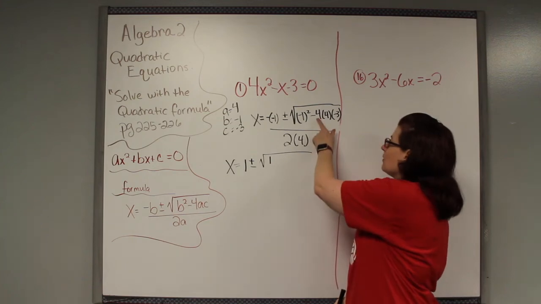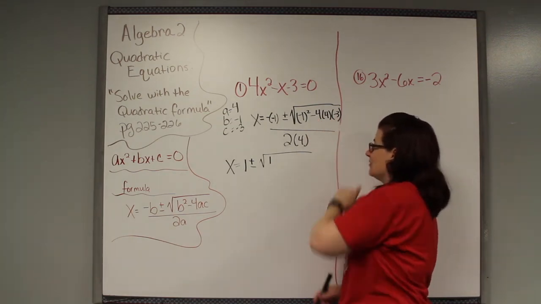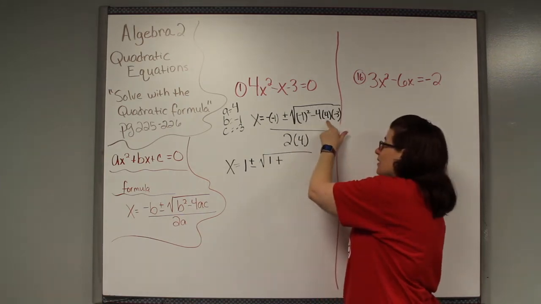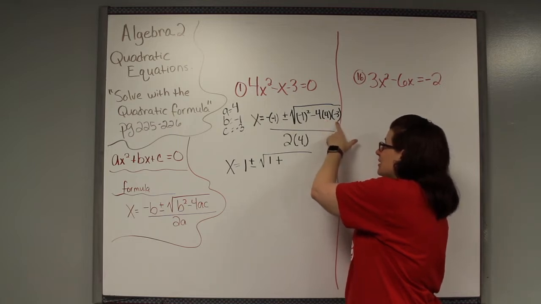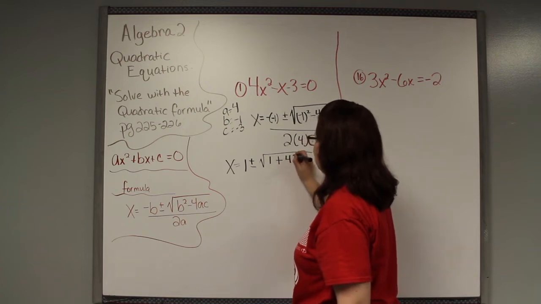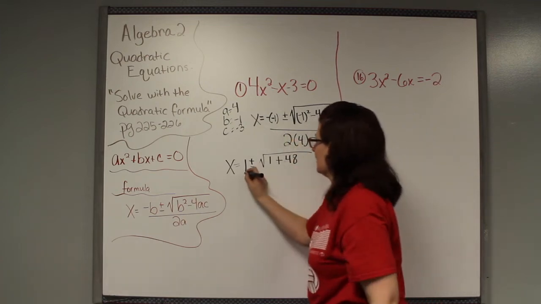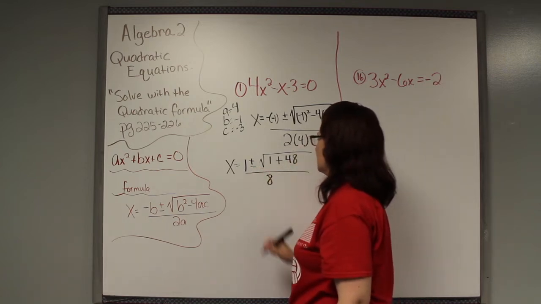And then if I look right here, all three of these get multiplied, but I have a negative and a negative, so that's going to make a positive. 4 times 4 is 16, and 16 times 3, I believe, is 48. And then on the bottom of this, I have 2 times 4, which is 8.